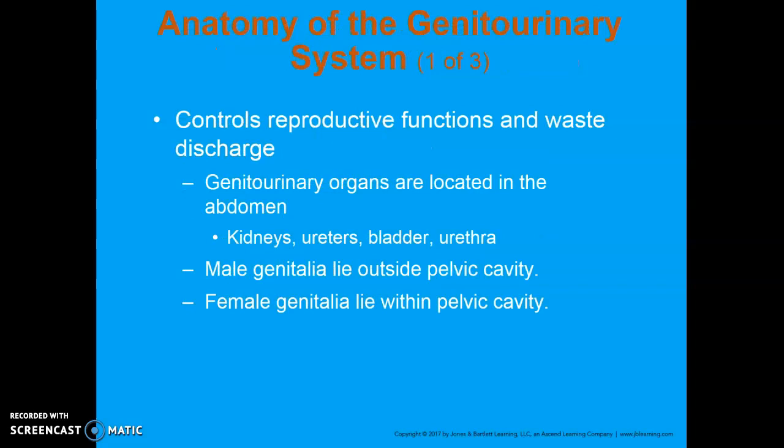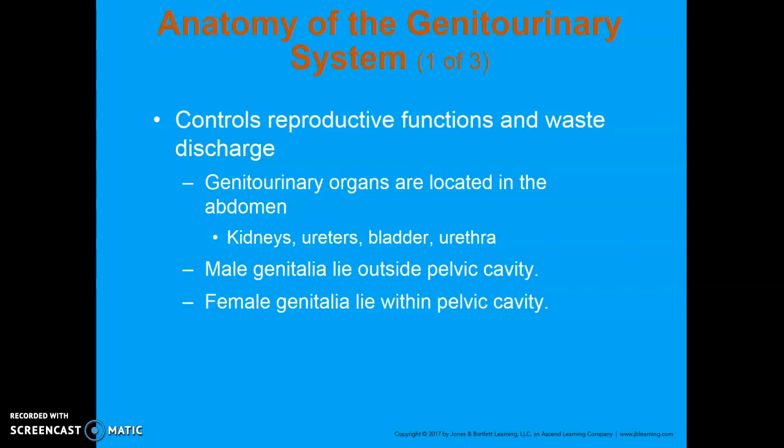For the genitourinary system, the genitourinary system controls both reproduction plus waste discharge. Organs are located in the abdomen as well as the pelvis. You've got several different structures, and we'll have a picture next.